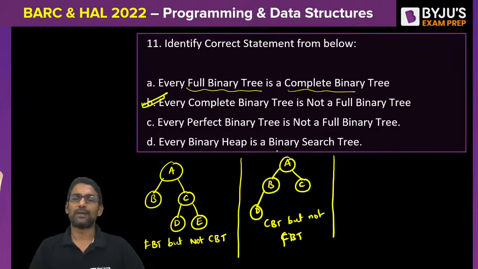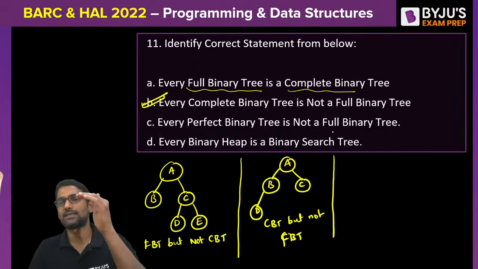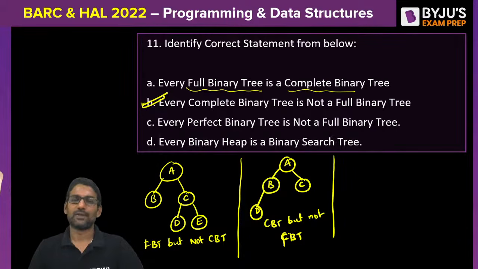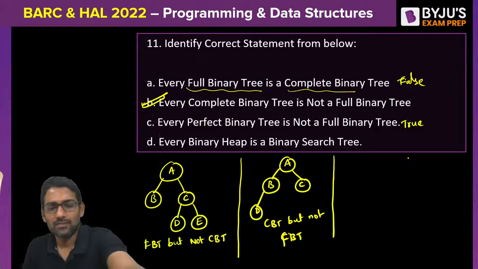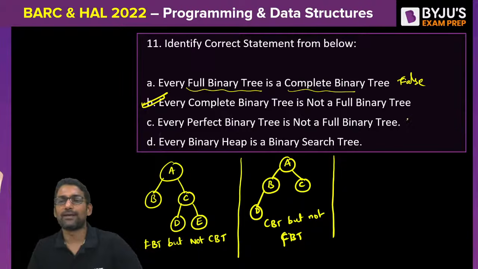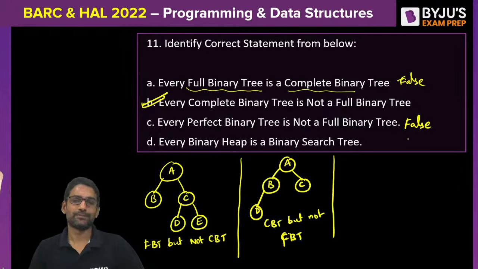No, a perfect binary tree means a full binary tree with all the leaves at the same level. Hence, in the definition itself, every perfect binary tree is a full binary tree, but it is given it is not full, so it is wrong.